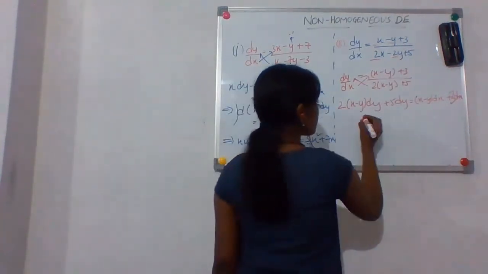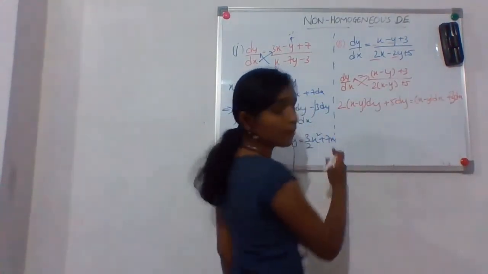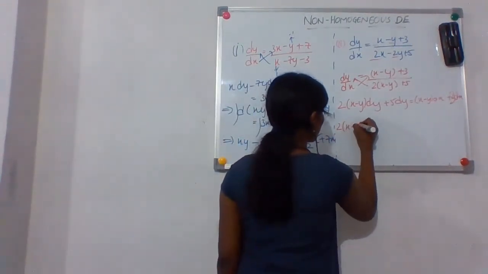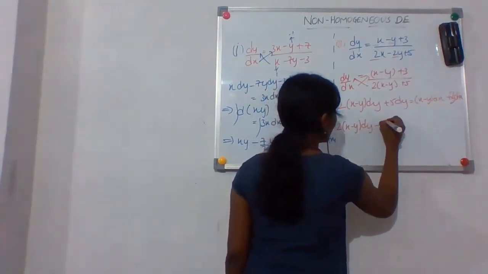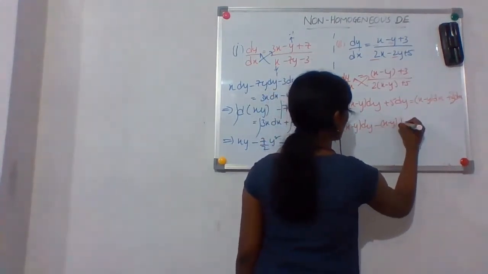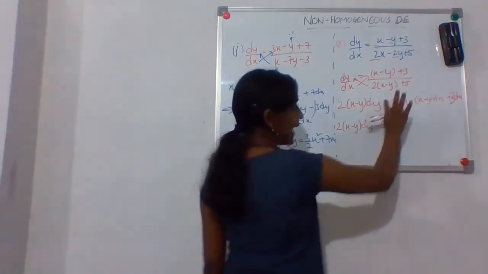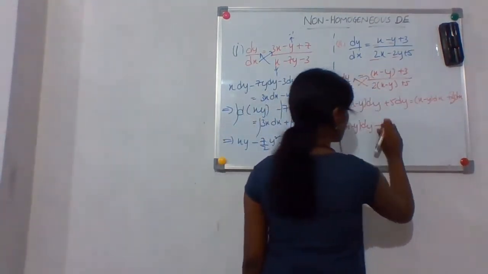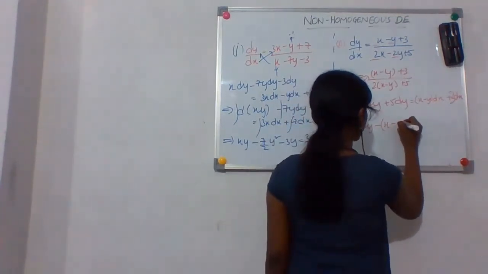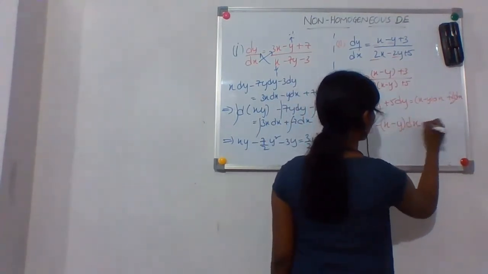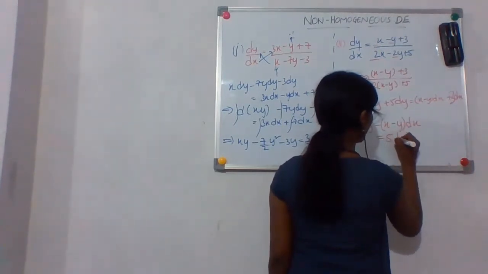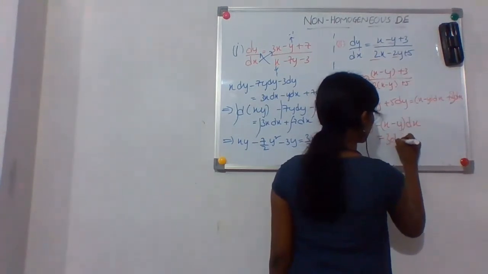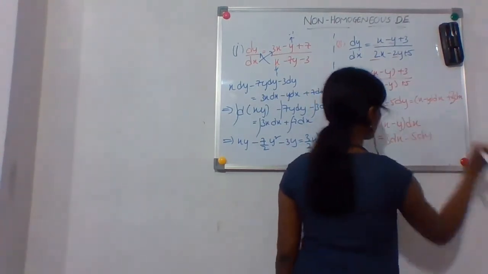Now I'll bring (x minus y) dy to this side. So 2 into (x minus y) dy minus (x minus y) dx. I'll take this 5 dy to that side, equal to 3 dx minus 5 dy, right?